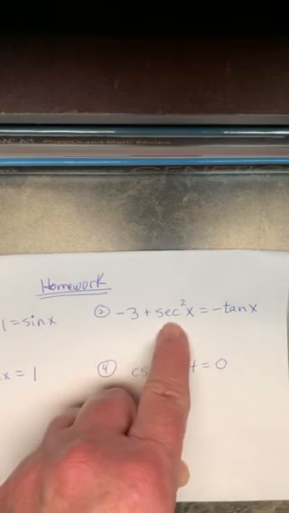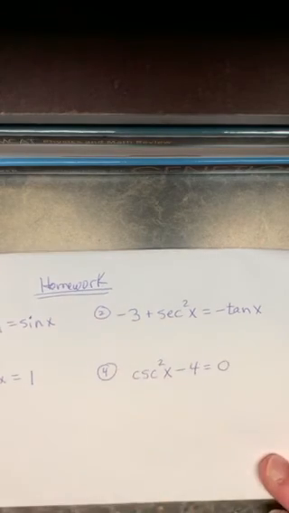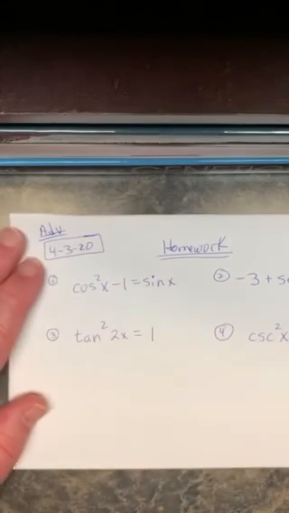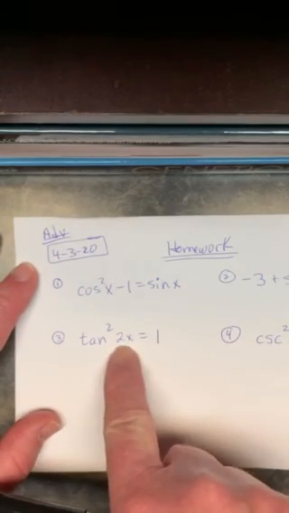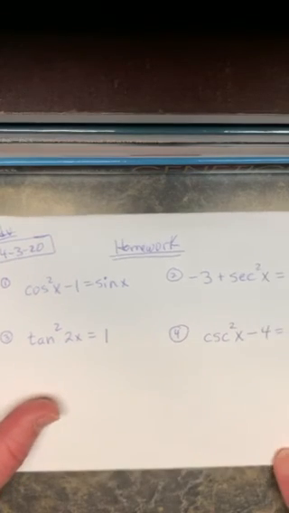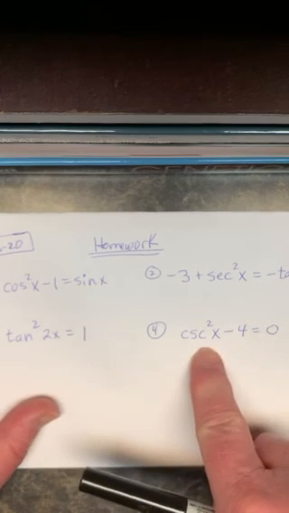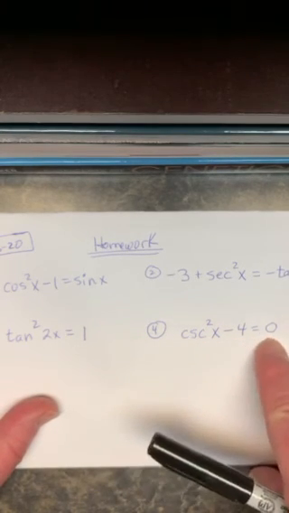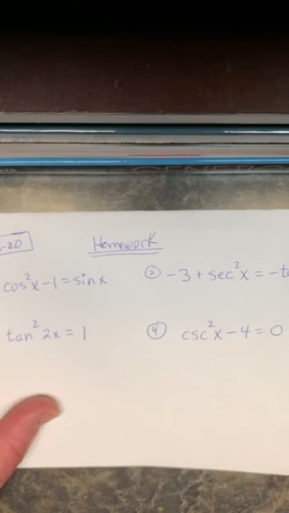Third question, tan squared of 2x equals 1. And finally, problem 4, cosecant squared of x minus 4 equals 0. Of course, that's just like the last one I did that said secant squared of x minus 4 equals 0.